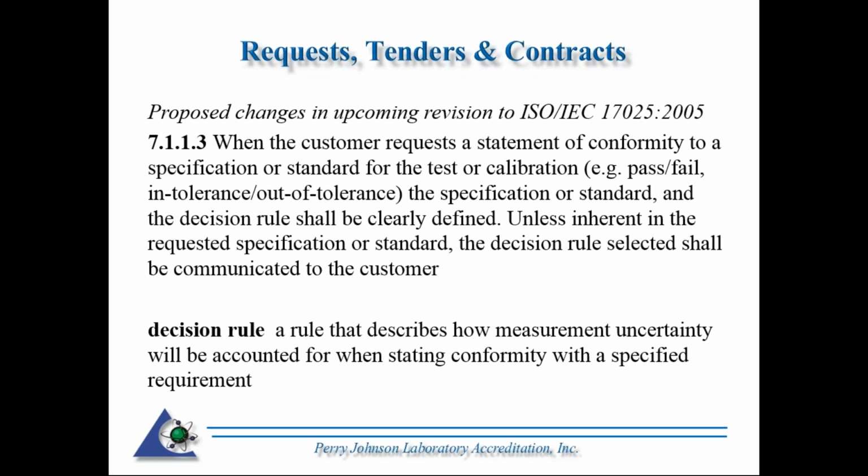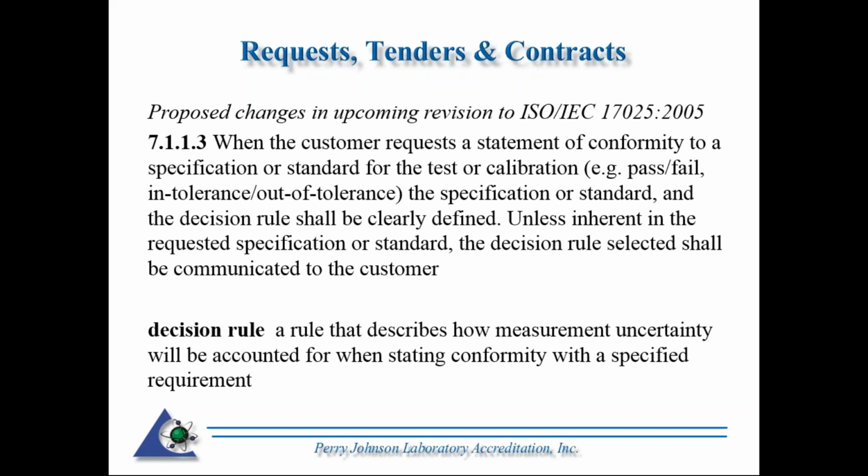So the decision rule concept comes up in a few areas within the standard, primarily when it's going into uncertainty, and also when it's going into reporting the result. So what is it? It's something that's always been in the standard, but has never been defined.